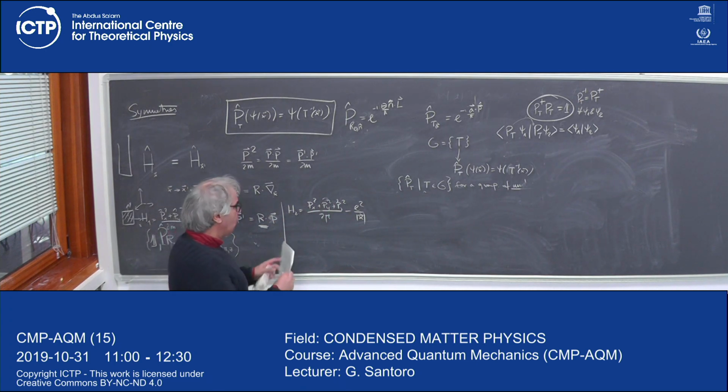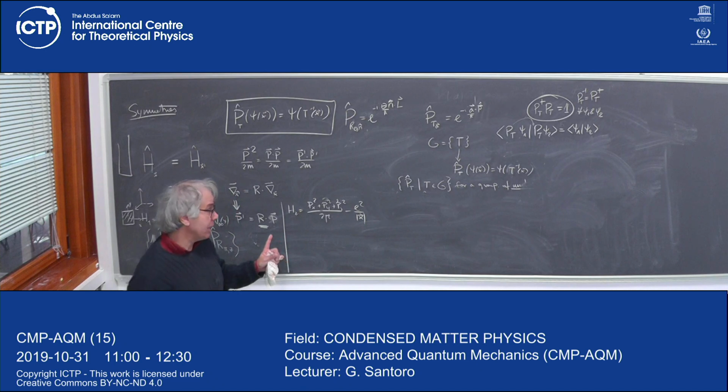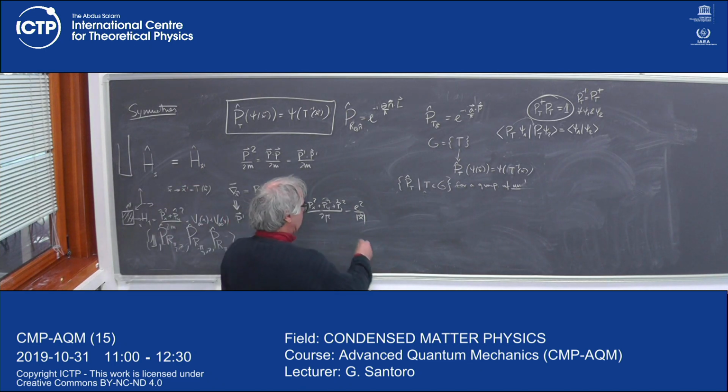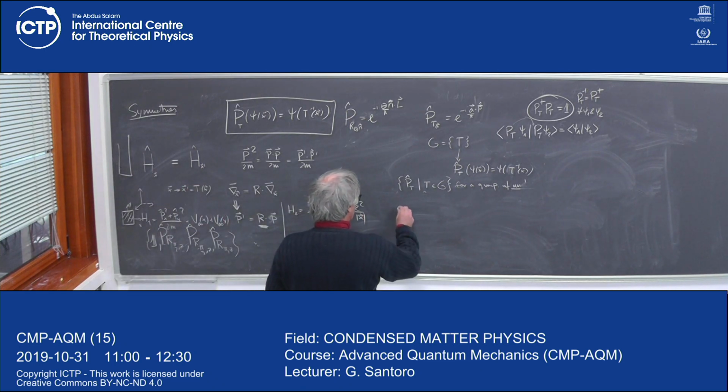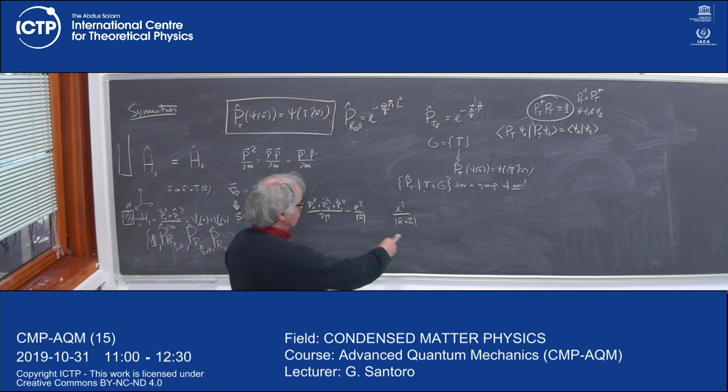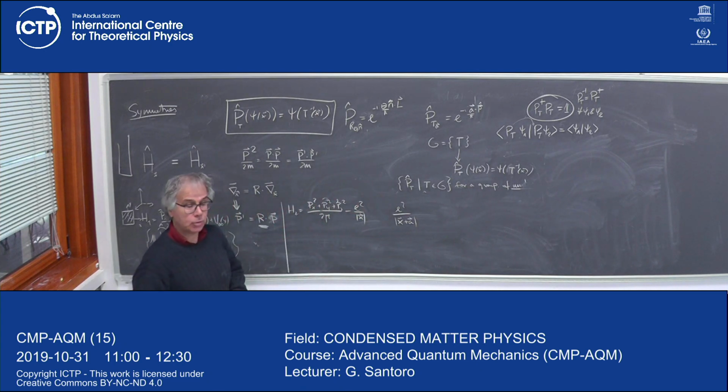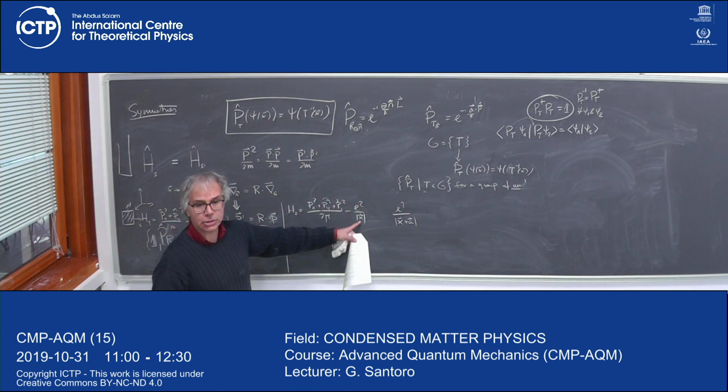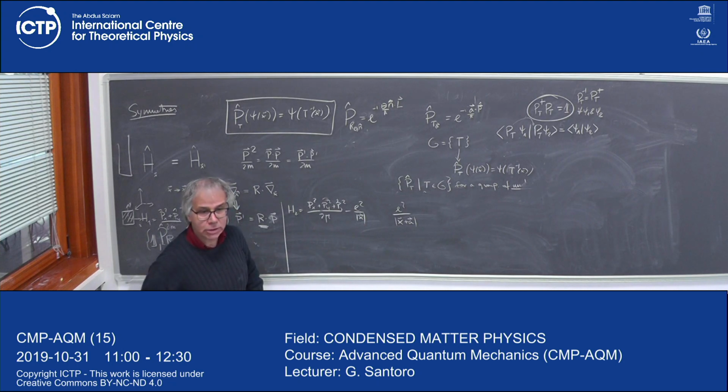So what about translation? If I translate, then this potential becomes e square over x plus a, which is not equal to the potential untranslated. Okay? So translations are broken, right? Because you have fixed the origin.